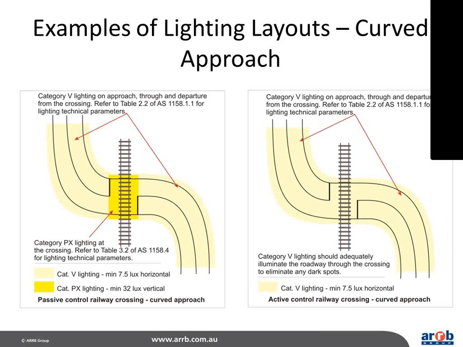They can visualize the curves in the road, as well as you will illuminate the railway crossing at a passive crossing. On an active crossing, on a curve approach, you would just illuminate the road layout so that drivers have better appreciation of the road alignment. But at the crossing itself, at the active crossing, you will consider lighting based on site conditions.